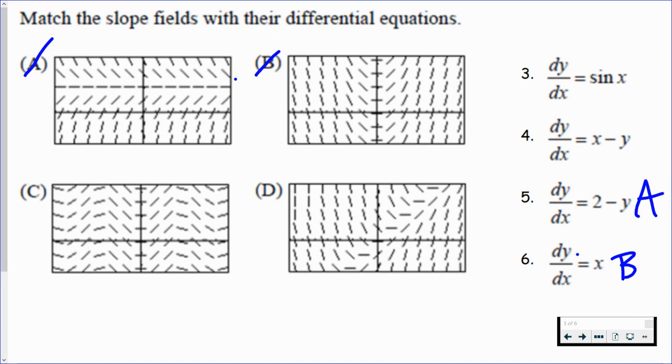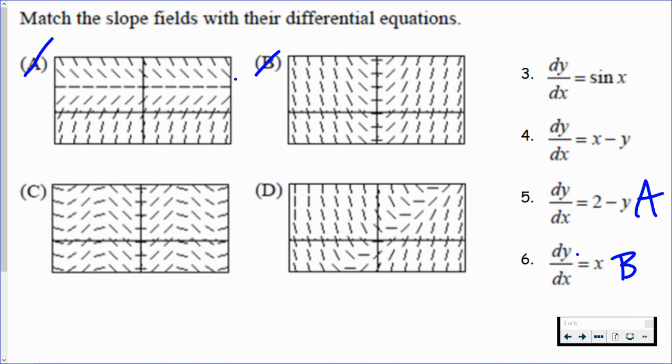All right, let's take a look. Number 3 is solely dependent upon x again. It's sine of x, so we could plug in some quick values. When x is 0, the slope should be 0. When x is, say, between 0 and pi, then that's still going to be a positive slope. Once we pass through pi, it's going to become a negative slope.